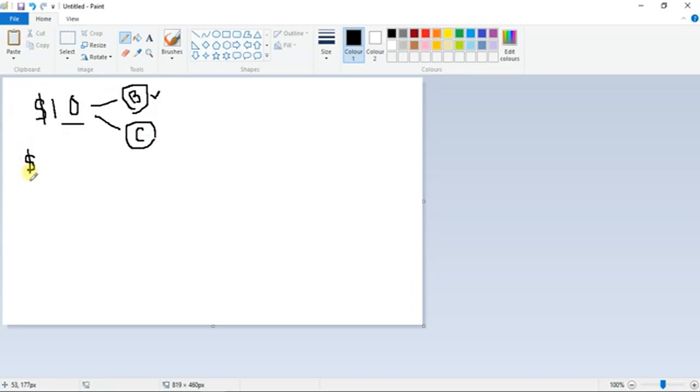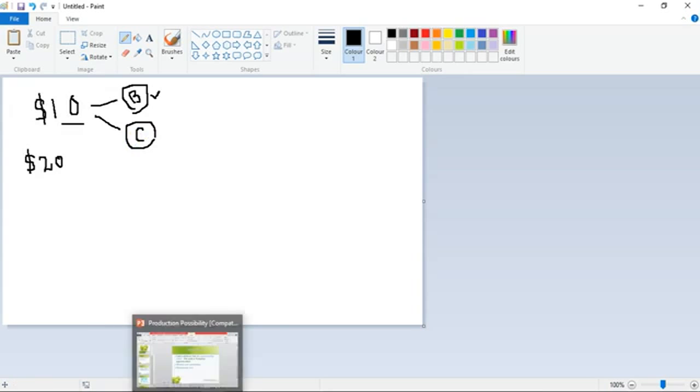So, this cup of coffee is the opportunity cost for the book that he has bought. And this concept of opportunity cost is the underlying principle of production possibility curve as well. This is the reason why you have to be very clear about opportunity cost so that you may be able to understand the concept of production possibility appropriately.